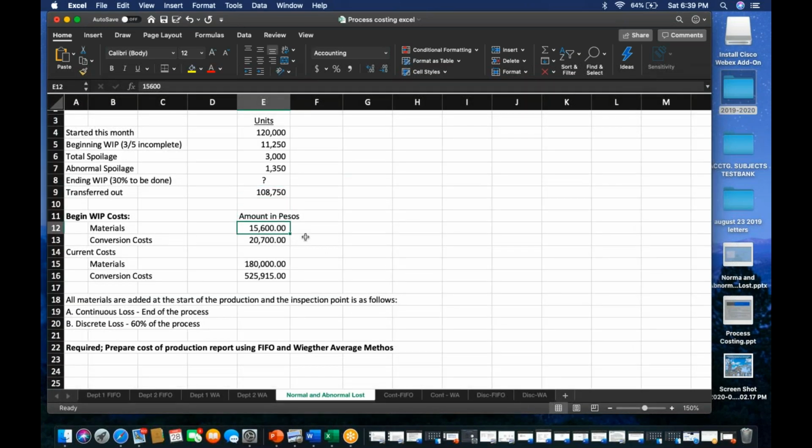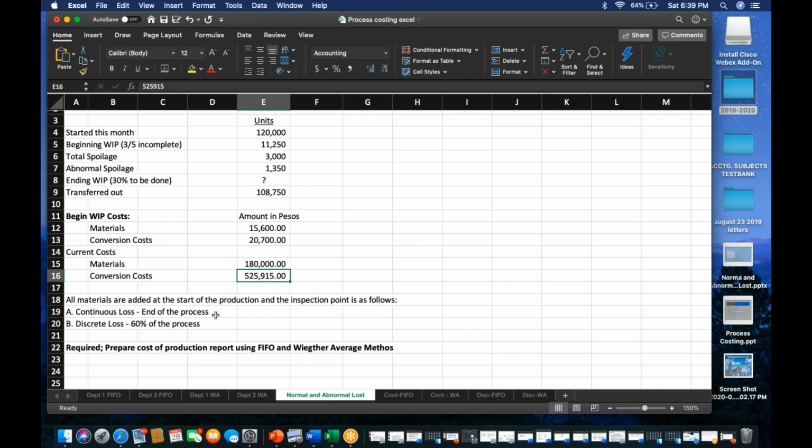The cost of the work in process beginning is as follows. Yung materials niya, 15,600 pesos. And conversion cost is 20,700. The current cost for this month is 180,000 for materials and 525,915 for conversion cost. All materials are added at the start of the production, and the inspection point is as follows.